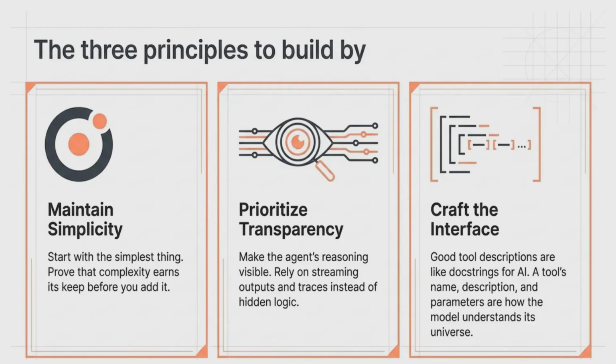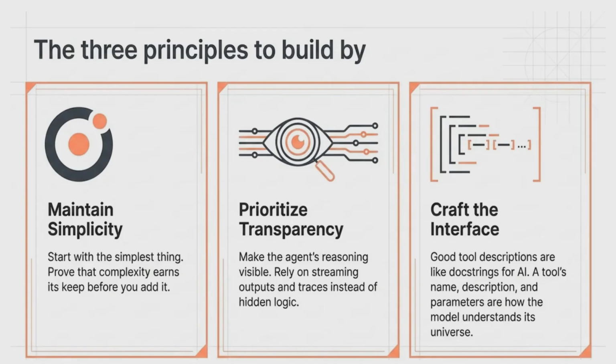Transparency means making the agent's reasoning visible instead of hidden through streaming output and traces. The agent-computer interface is tool design. The SDK guide notes that teams often spend more time optimizing their tools than the overall prompt, because a tool's name, description, and parameters are how the model understands what it can do. A clear tool description is to an agent what a good docstring is to a junior developer.